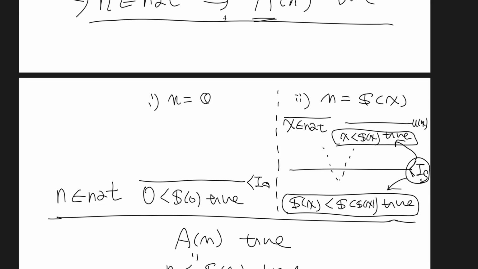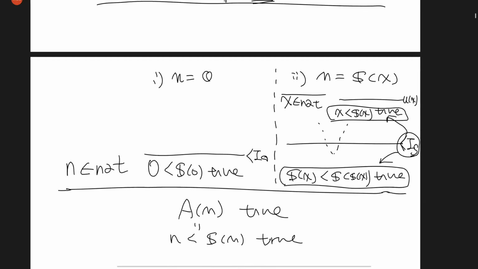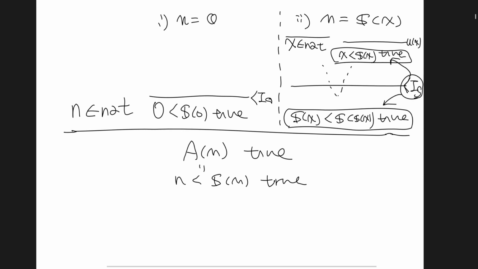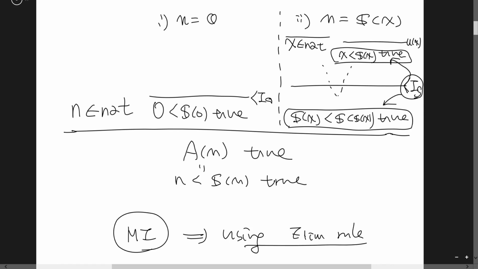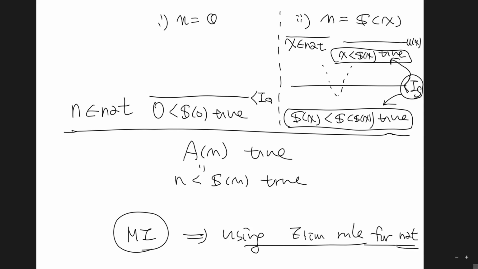The proof is quite straightforward, and the point here is that now we can apply what essentially amounts to mathematical induction, the principle of mathematical induction, using the elimination rule for data type nat, for example. So that's the whole key point.